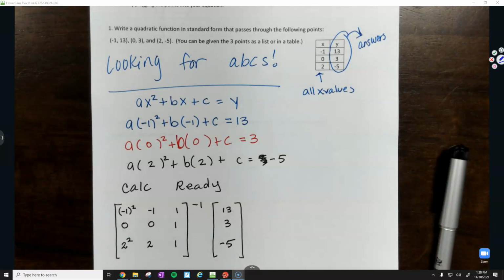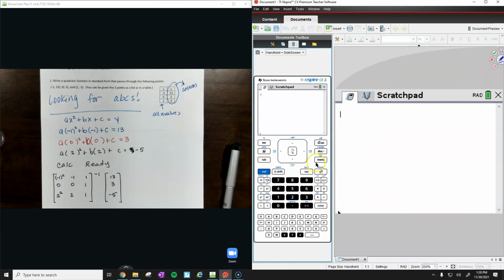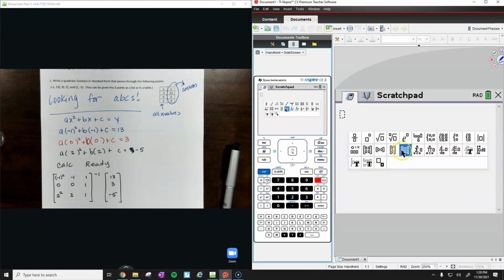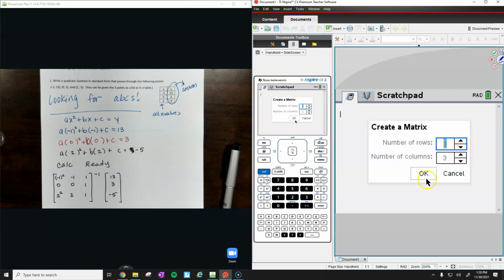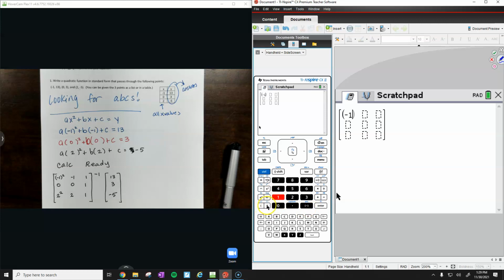So let's go ahead and plug that into the scratch pad here. So remember, I'm going to hit the number next to 9 for my matrix template. And I'm going to type in these numbers. Now remember, the -1 was being squared, and we can go ahead and type that in just like that. Remember, it's squared.